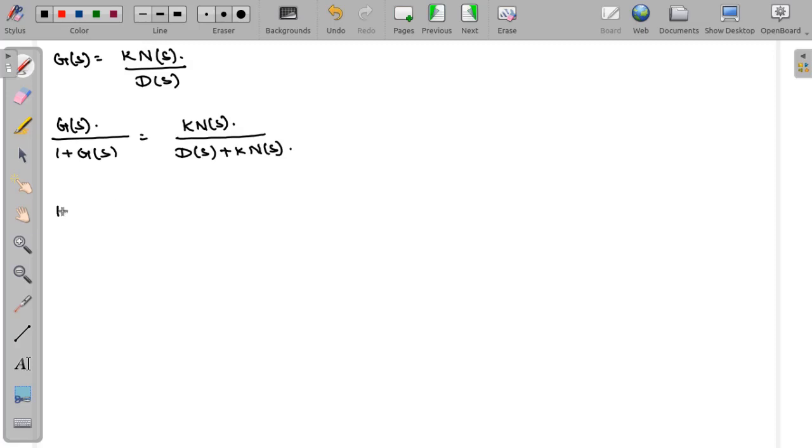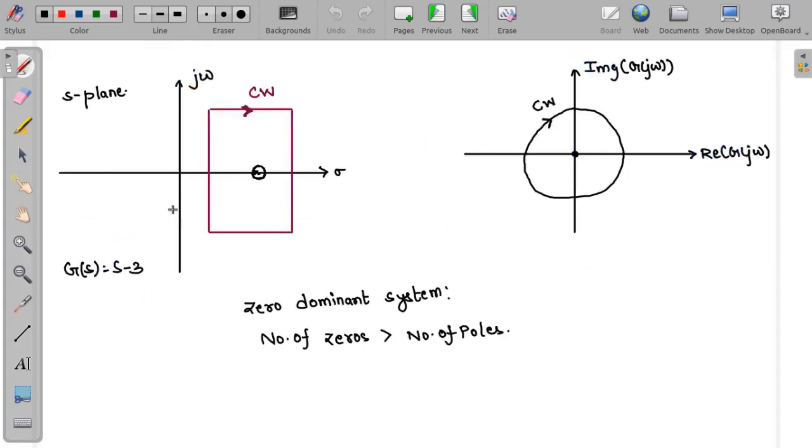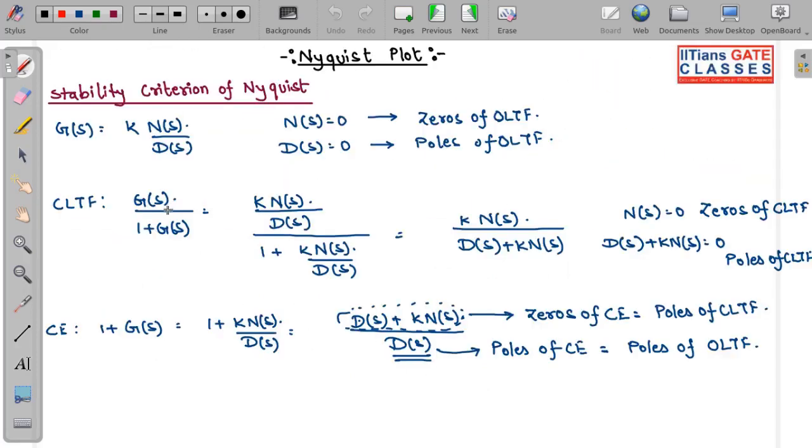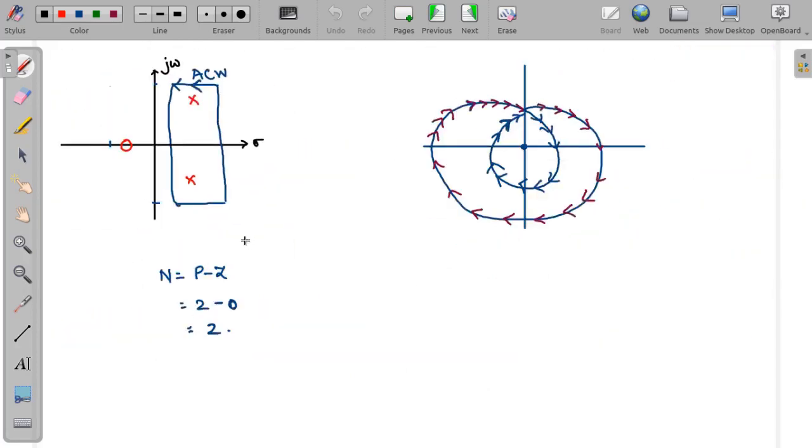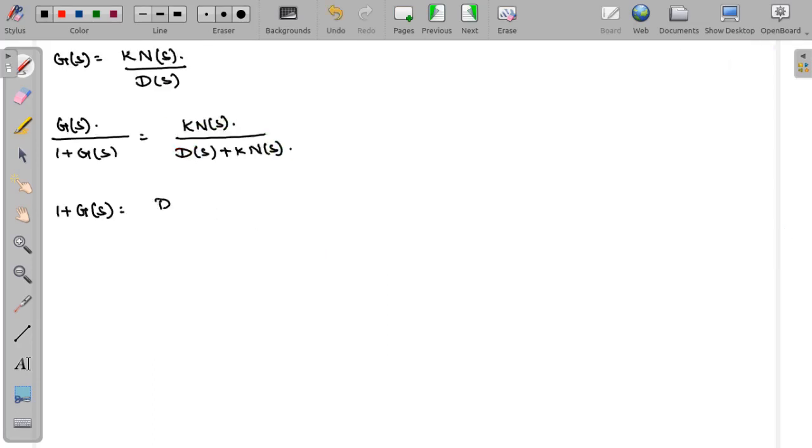And last is the characteristic equation. It is equal to what? So we had calculated this as D(s) plus K N(s) divided by D(s). Okay. So now see very carefully, look over here.